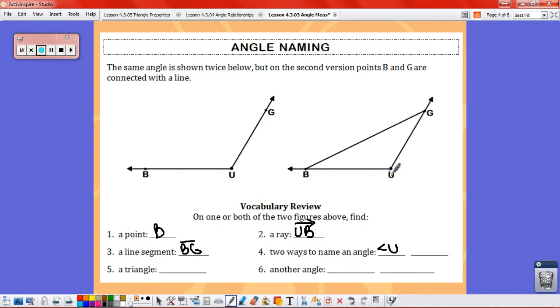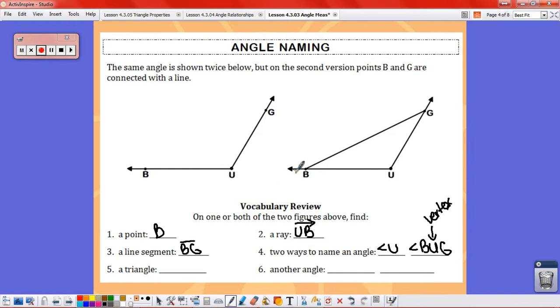But another way to name it, to be more specific, is angle BUG or angle GUB. And it's very important that the U stay in the middle. The vertex is always the middle letter in a name for an angle.